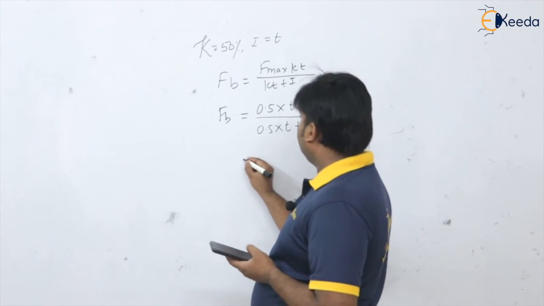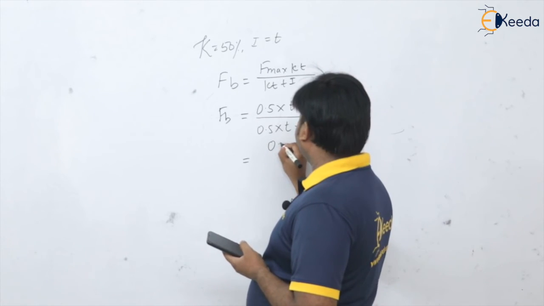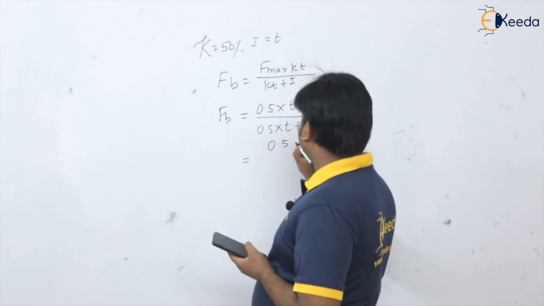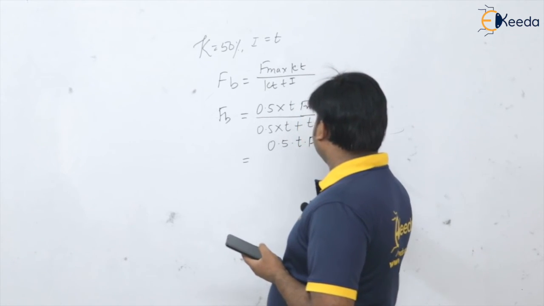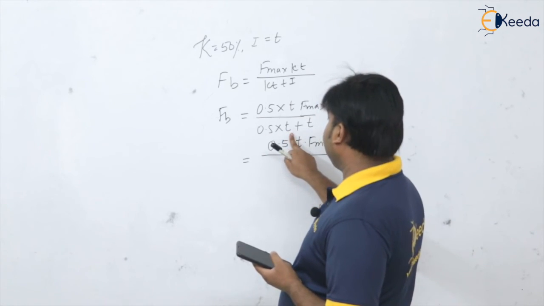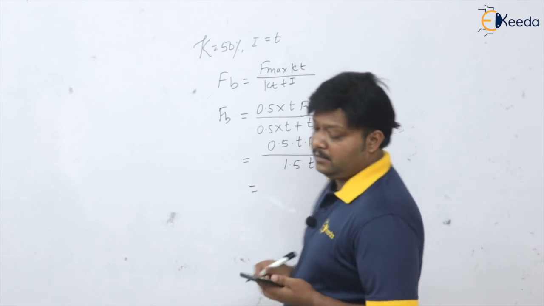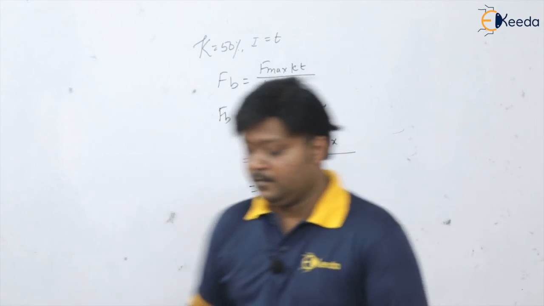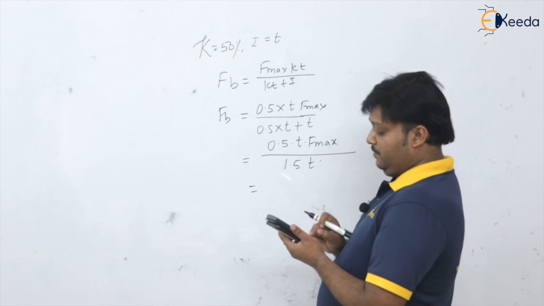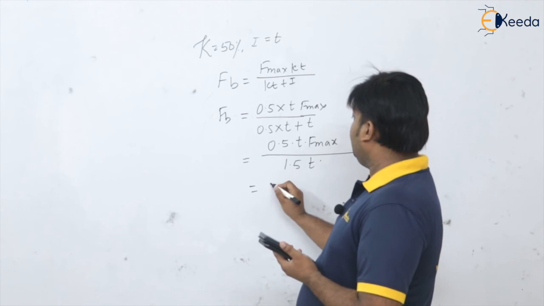So what will happen to the load, see: 0.5 T times F max divided by 0.5 T plus T, that is 1.5 T. So 0.5 divided by 1.5, how much?